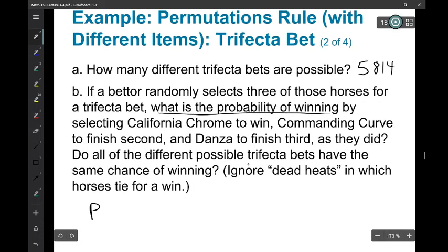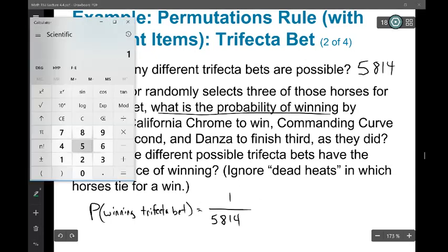So the probability of winning a trifecta bet. Well, there's only one winning trifecta, and there's 5,814 possible trifectas.